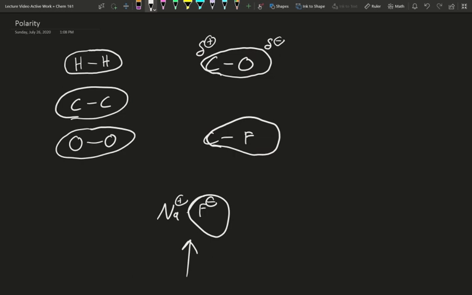And so what we see, this little delta symbol, is the partial negative out on the oxygen. Well, if sodium loses its electron, it becomes positive. So as carbon is losing it, it becomes partially positive. These are not full charges like ions because it hasn't actually stolen the electron, but it is unequal. And the more unequal, the more those partial charges appear.